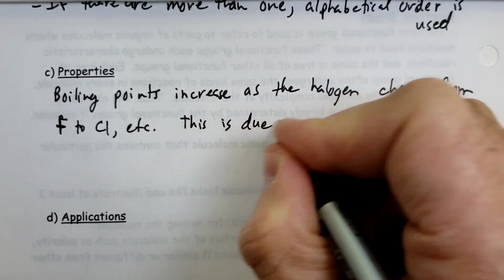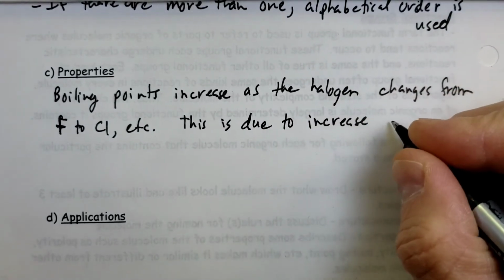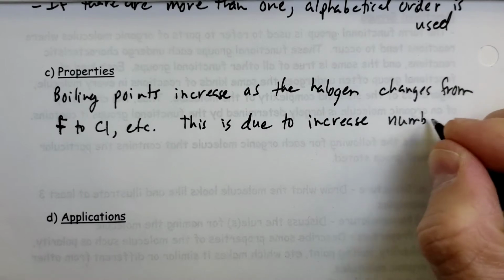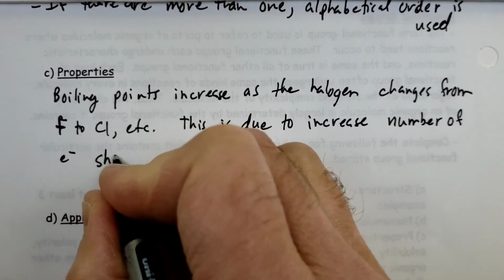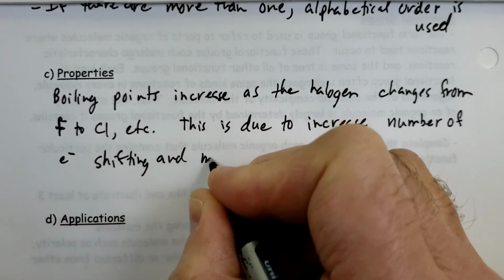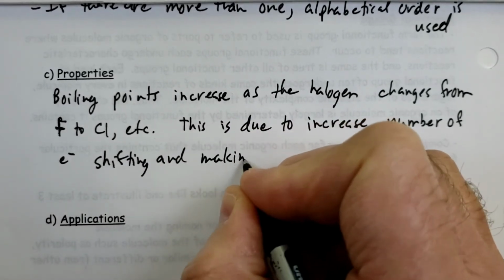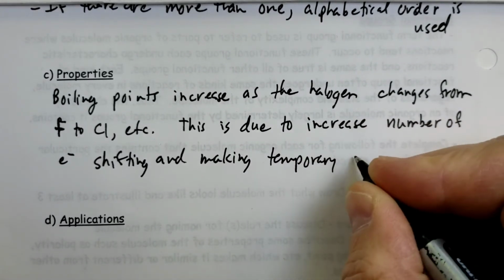This is due to the increase in the number of electrons shifting and making temporary dipoles.